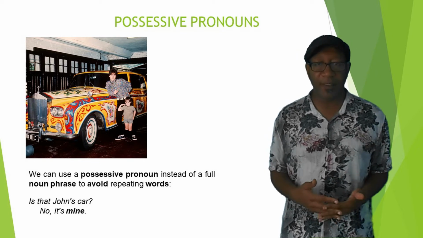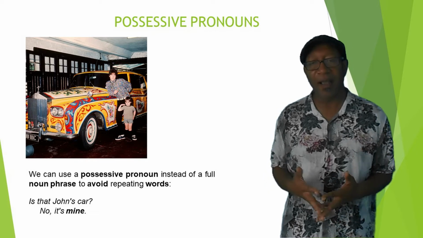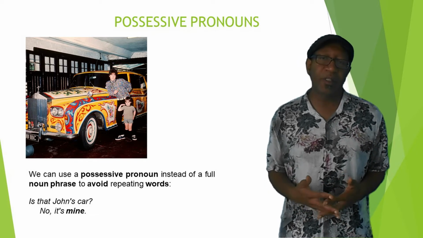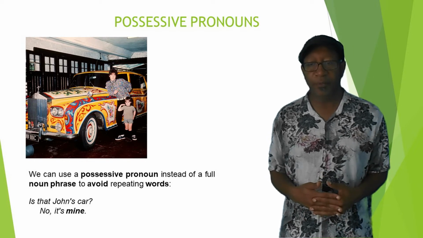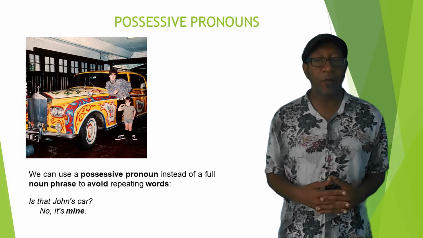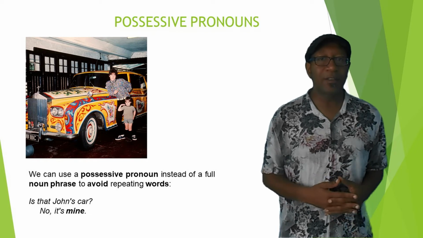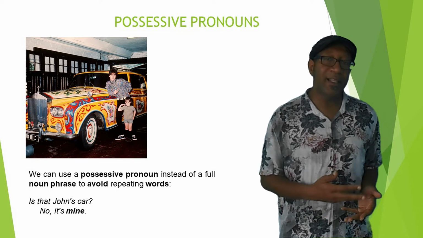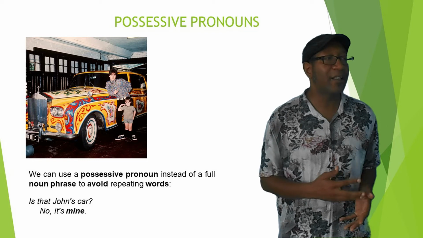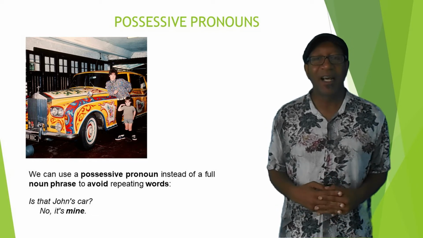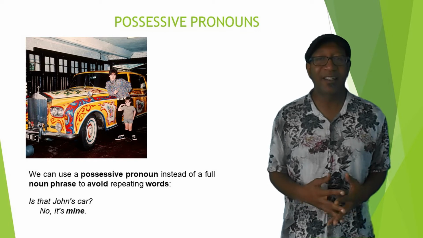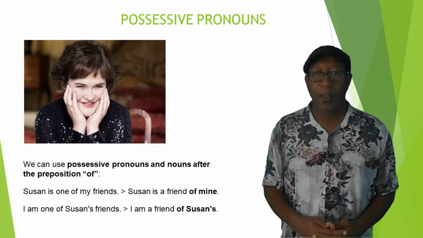So instead of repeating the word car, as in "no, it's my car," you just use the possessive pronoun to refer back to information said before. In the picture we have John Lennon and his son, and also his car, with a very peculiar coloring that's not common in cars nowadays.